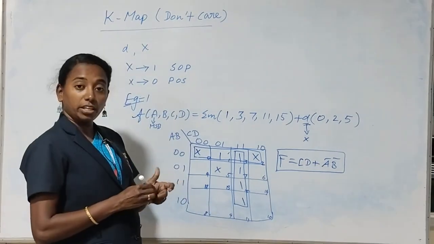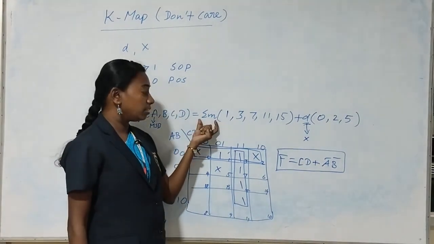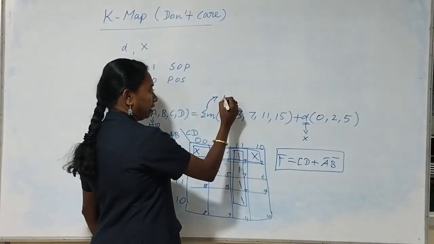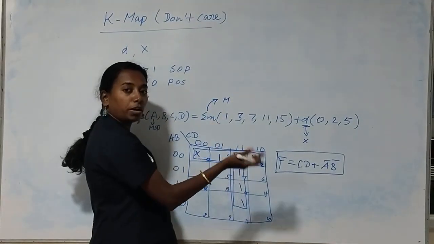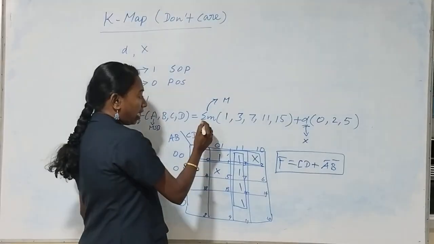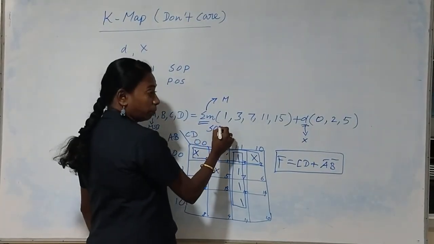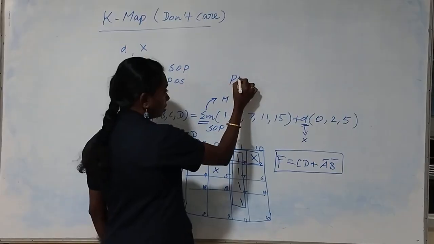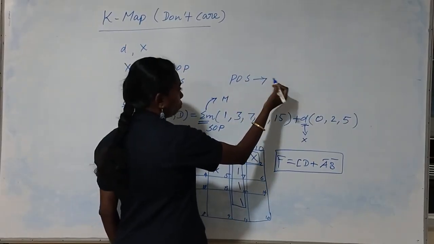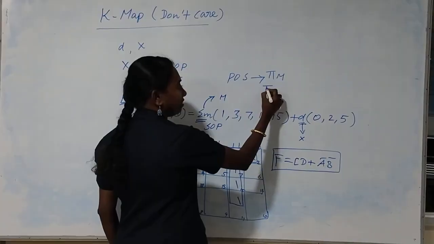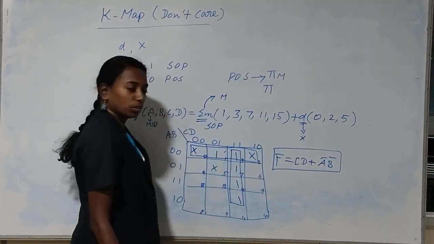Okay. So in case if this M is represented as capital M, then you should go for POS method. And another terminology is summation M represents SOP. When it is POS, you have to see that it is marked as pi M, or in general they will be writing pi. Okay.